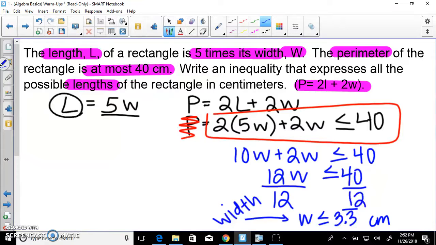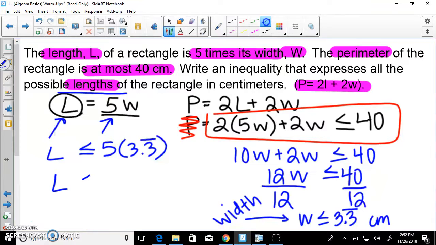However, our question is asking us for the possible length of the rectangle. So if length, remember, is 5 times the width, let's plug that in. So length is going to be less than or equal to 5 times 3.3 repeating. So I've got 3.3 repeating in my calculator, multiplying that by 5, and we're going to get that the length is less than or equal to 16.6 repeating.